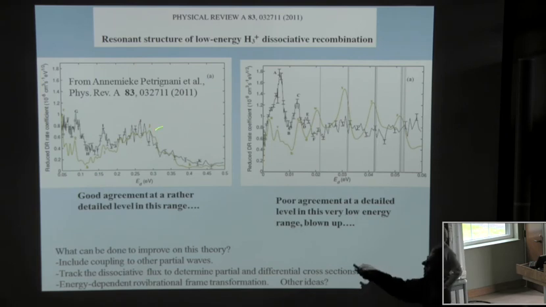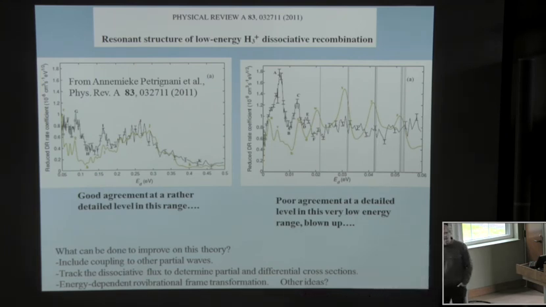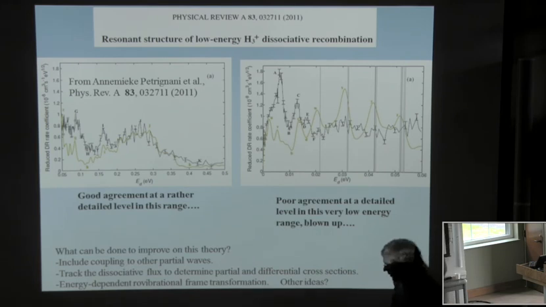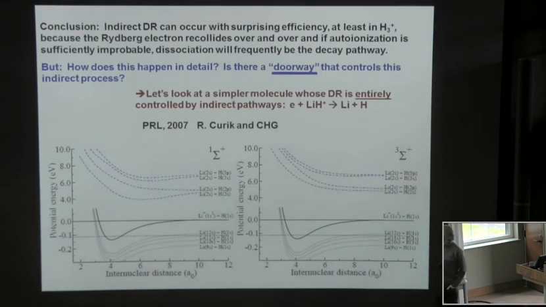But at least for this H3+, everything is very smooth as a function of energy, and this energy dependence does not seem so important. But especially in electron-neutral molecule collisions, it seems to be more important, and maybe Mikhail Tarana will say more about that.